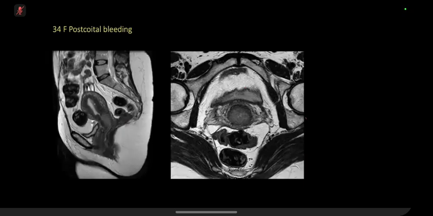This is, I think, possibly invading superiorly into the uterine cavity. And on the axial image, there's an indistinct border posteriorly with maybe some stranding of that fat and extension to the rectal fat.